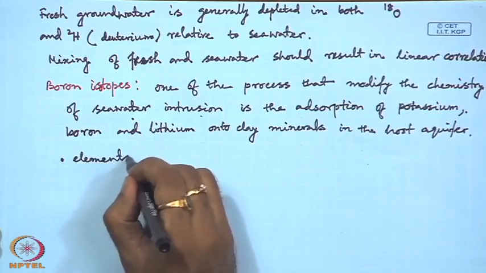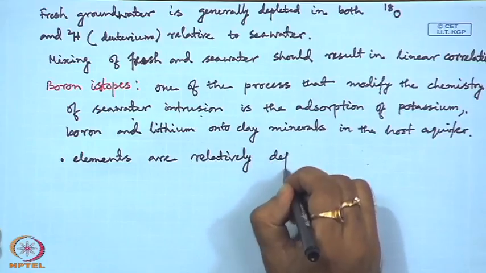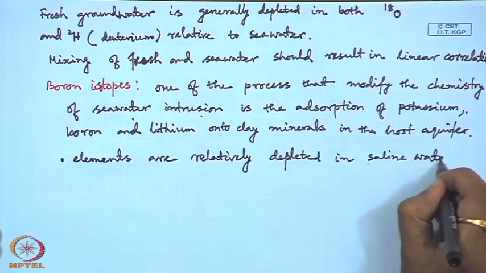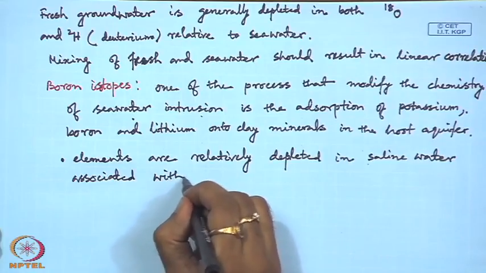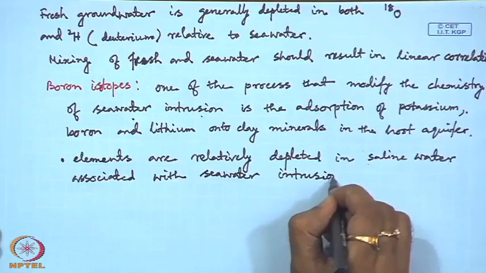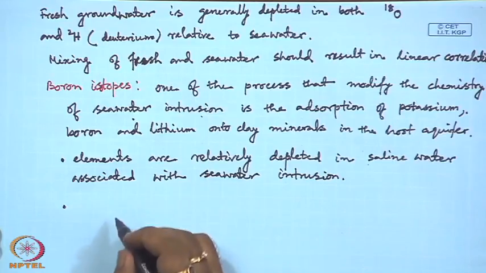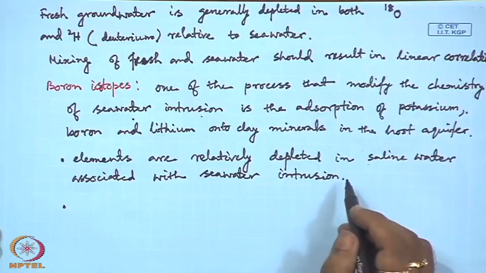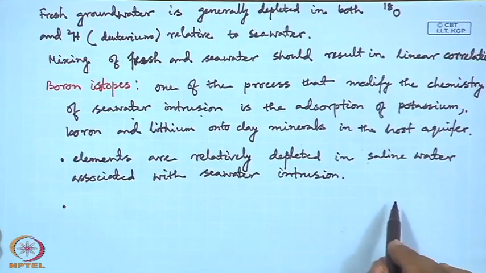Thus, the boron isotopic composition of groundwater can be used as a tool to discern salinization sources, in particular to distinguish from anthropogenic contamination such as wastewater.